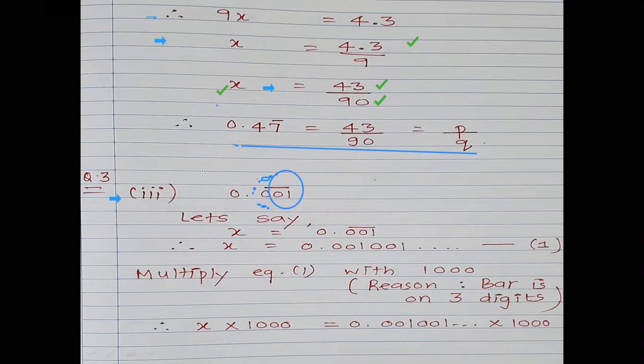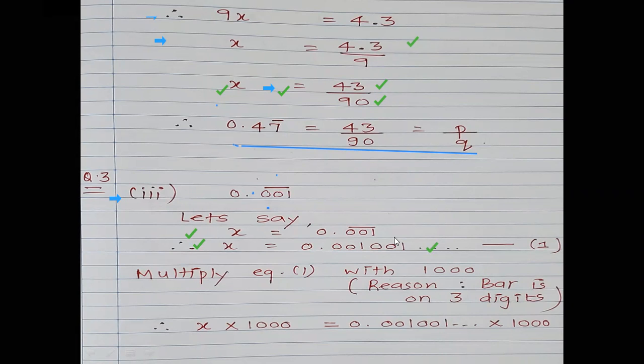So as we have proceeded in the previous sums, we'll take the given question as x. So let's say x is 0.001 bar. That means 001 is getting repeated.